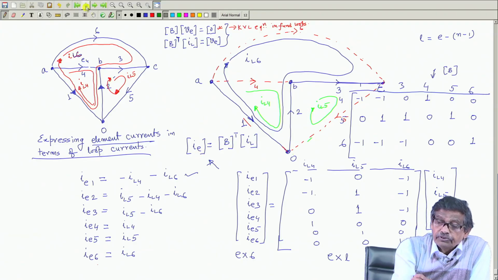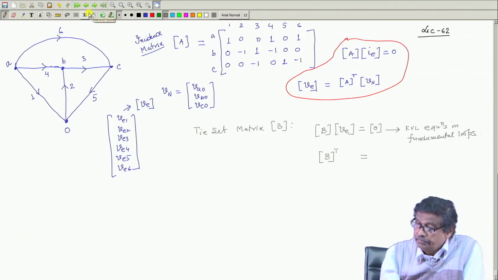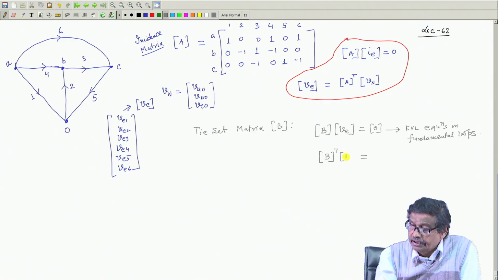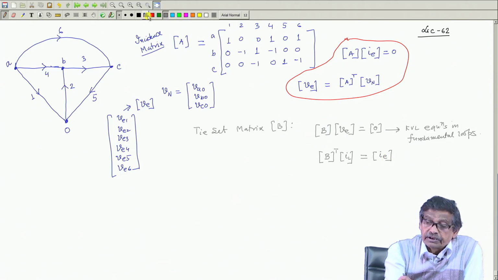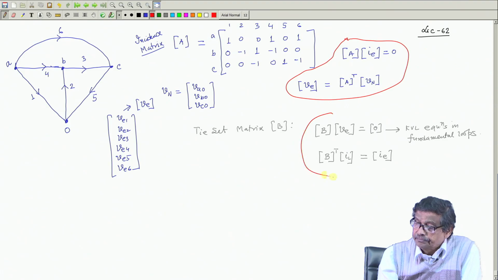So, B transpose into I L is equal to I E. These are another two important equations, these two, which involve the matrix B.